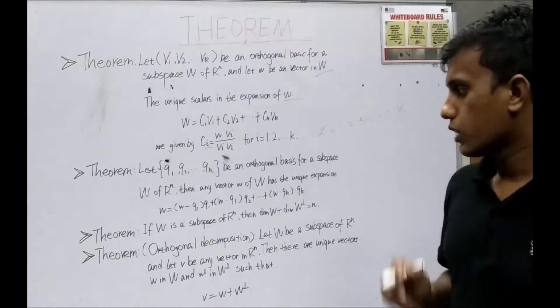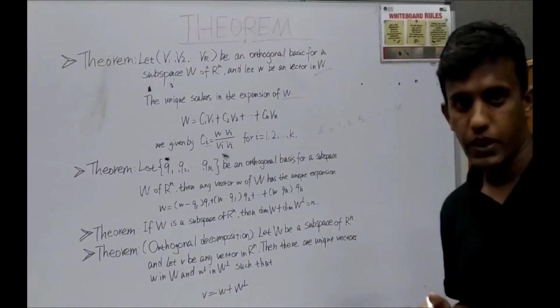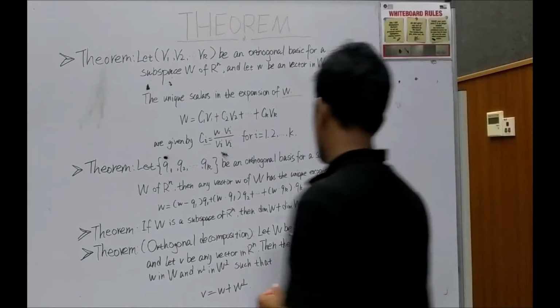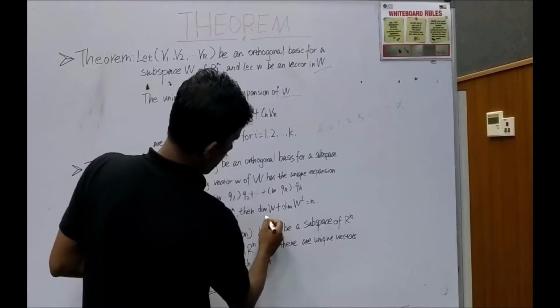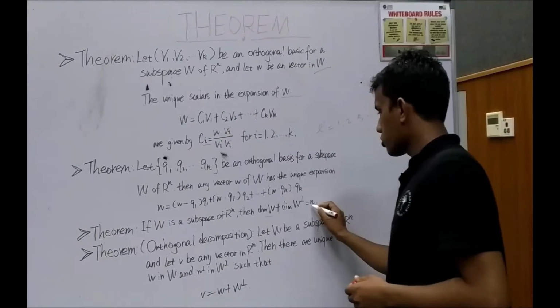Theorem 3: if W is a subspace of R^n, then the dimension of W plus the dimension of its orthogonal complement equals n.